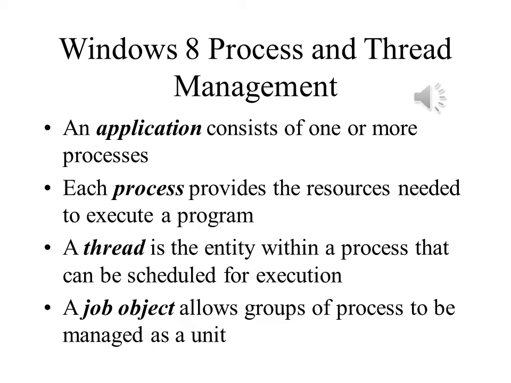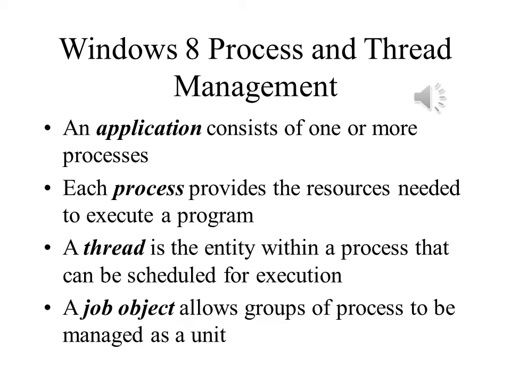In addition, each thread maintains exception handlers, a scheduling priority, thread local storage, a unique thread identifier, and a set of structures the system will use to save the thread context until it is scheduled. On a multiprocessor computer, the system can simultaneously execute as many threads as there are processors on the computer.